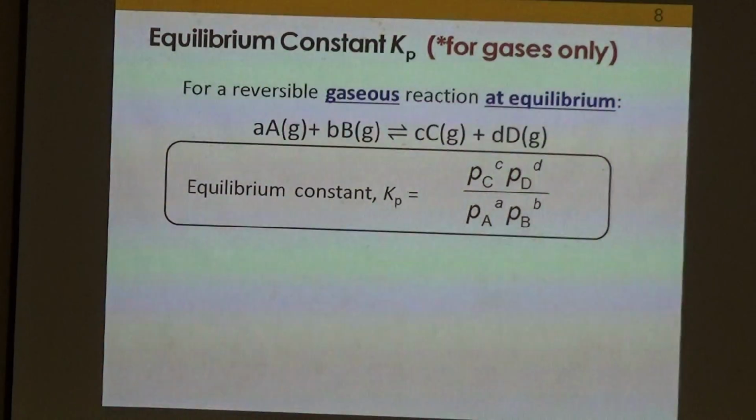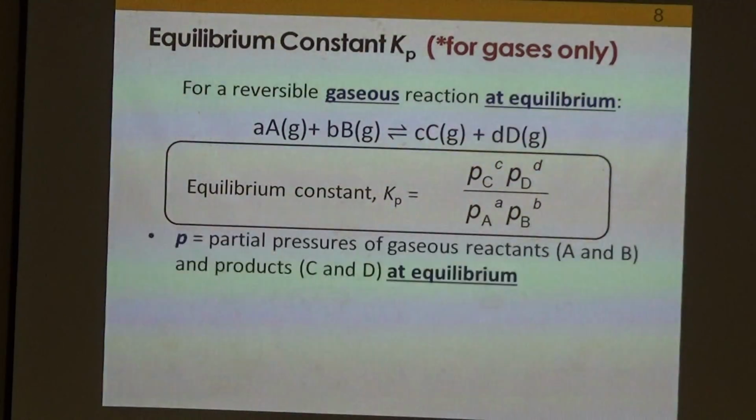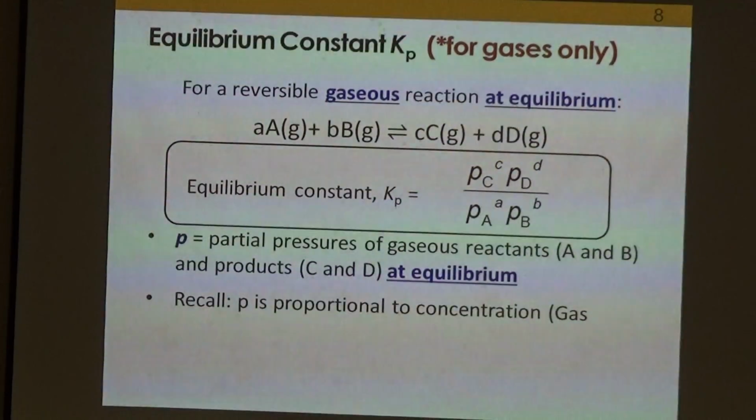For the equilibrium constant, Kp equals the partial pressure of the products over the partial pressure of the reactants, each raised to the power of its coefficient in the stoichiometric equation.